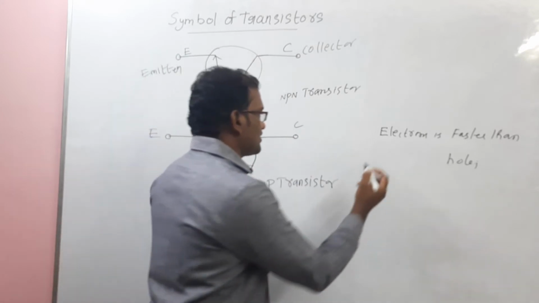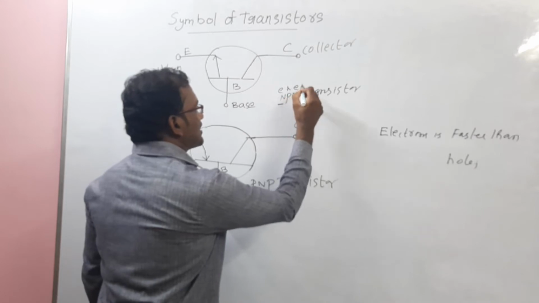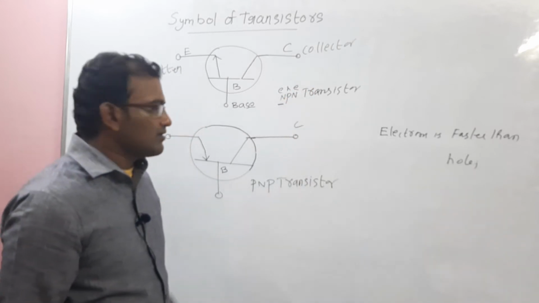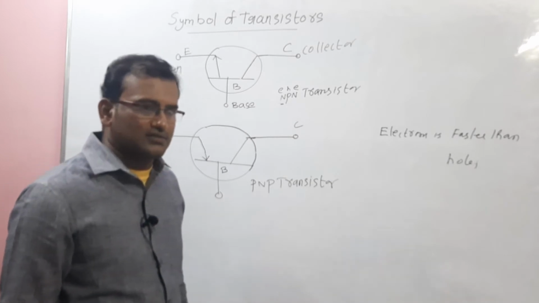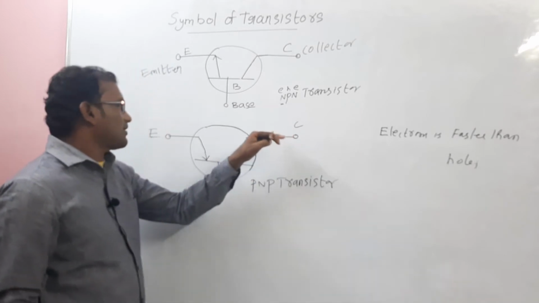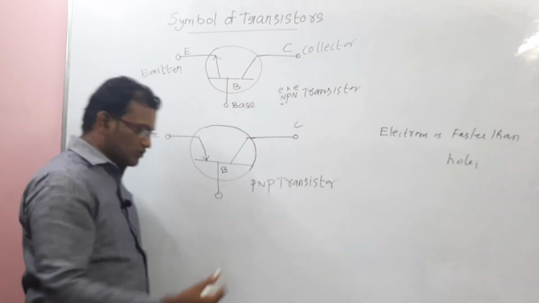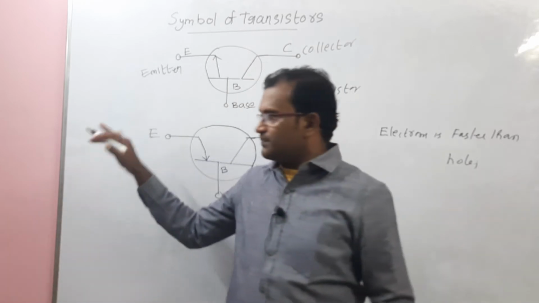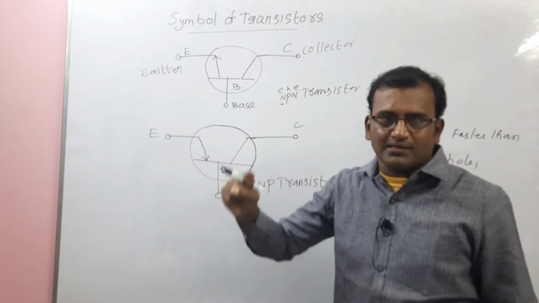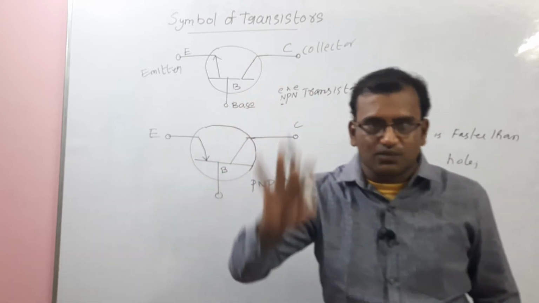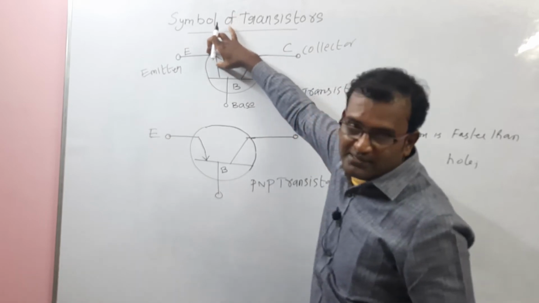That's why this NPN transistor is always preferred for applications, and we choose only NPN transistors in various applications. So these are the two types of transistors, NPN and PNP. You should remember that charge carriers always start from the emitter itself, which is why the arrow mark is placed at the emitter.